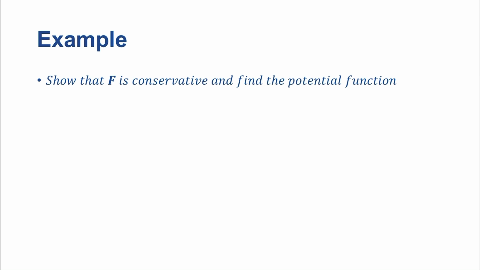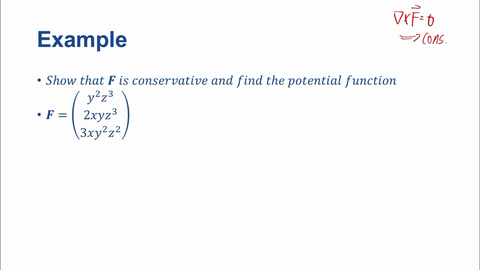So let's try an example. Let's show that F is a conservative vector field, and then find its potential function. So we're going to use the formalism that says that curl of F equal to 0 implies conservative. First we will see what our vector function is. It is y squared z cubed, 2xy z cubed, and 3xy squared z squared.